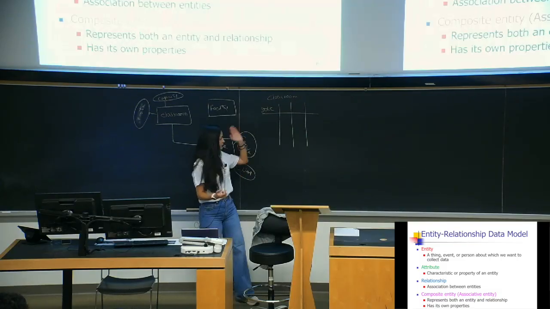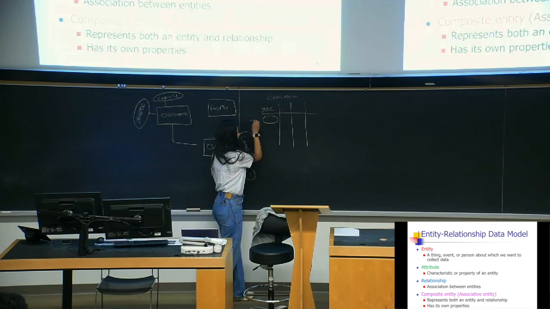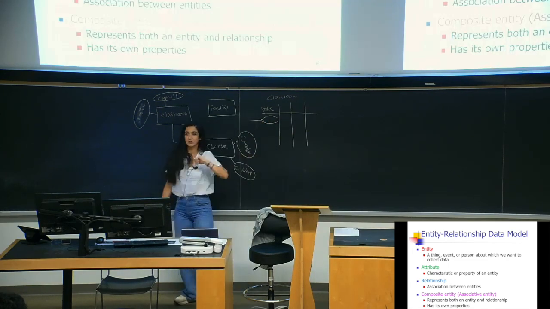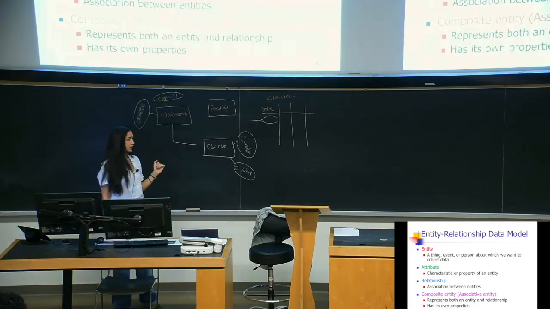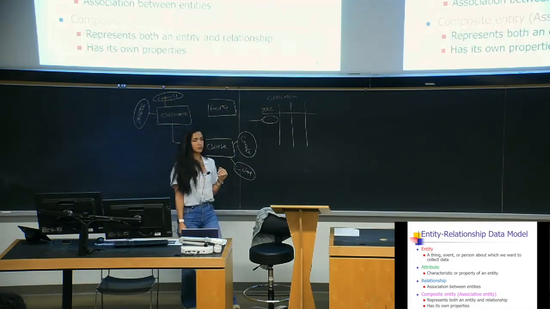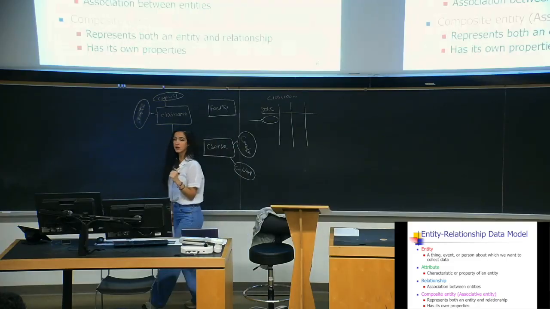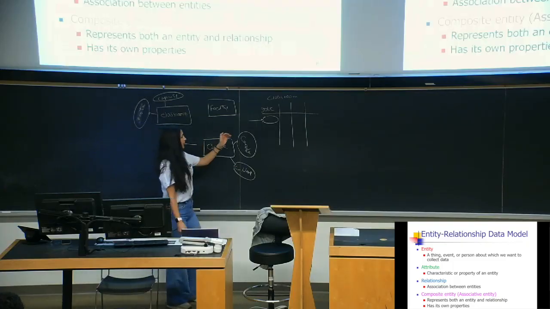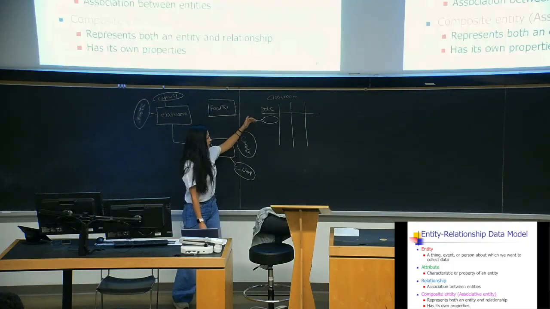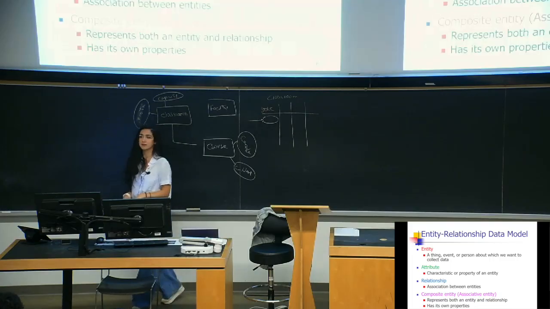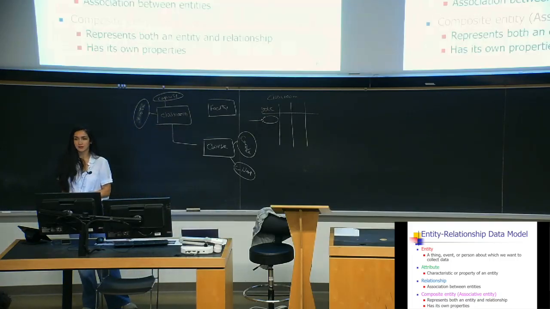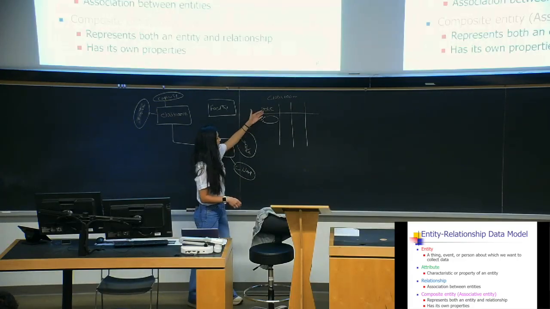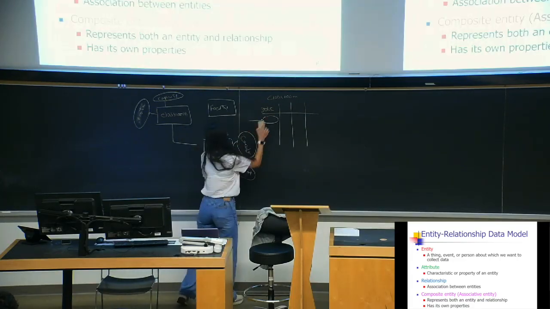You want to go specifically to that cell and access a specific value, not multiple values. Let's say you want to find a course ID. If you store multiple course IDs in the student table, that doesn't work. So here, we know that this is not a good attribute.